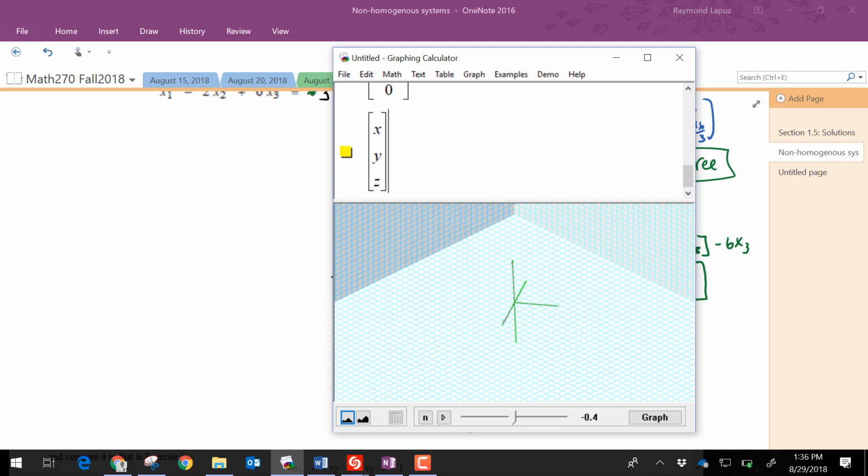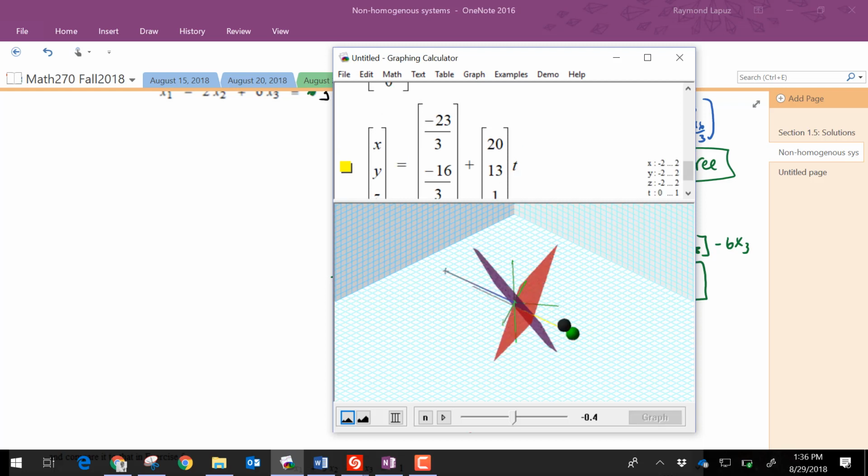So this time I'm actually going to draw a line. That point plus the vector, what was it again? 20, 13, and 1. And this time I'll multiply it by t as our parameter. And I'm going to let t go from minus 3 to 3.